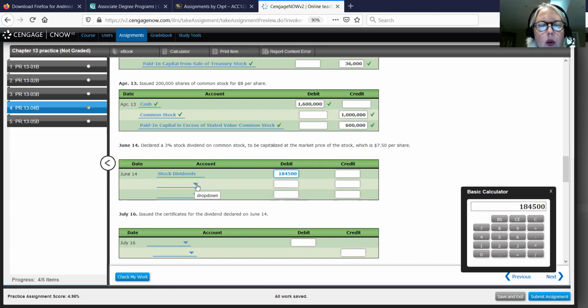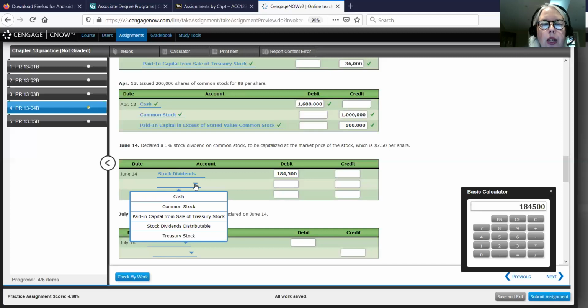The next account that we're going to credit will be a new one that's created in this chapter, along with the other new accounts that we've talked about. And it's what we call the common stock dividend distributable. Because we are distributing common stock, we're going to create a common stock dividend distributable, which is an equity account. And we're going to create that for the total par value of the common stock.